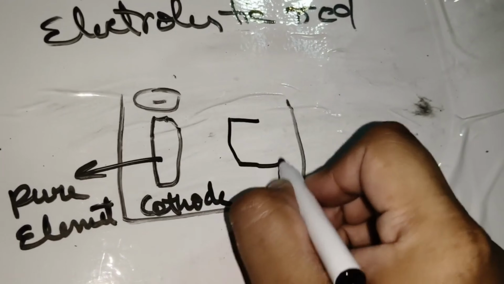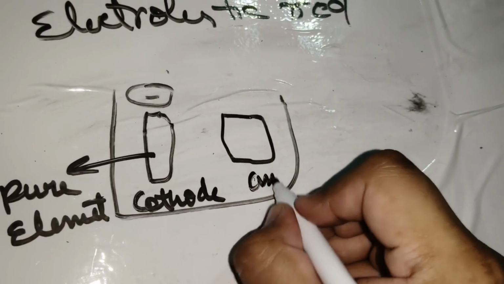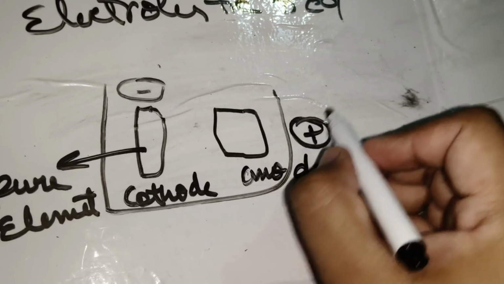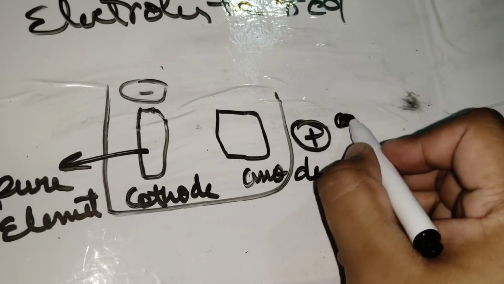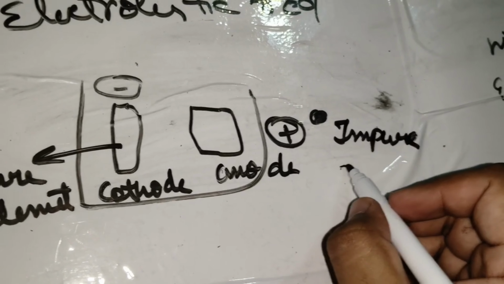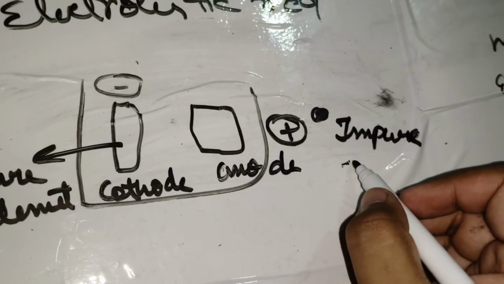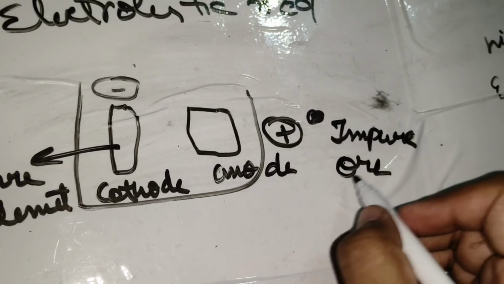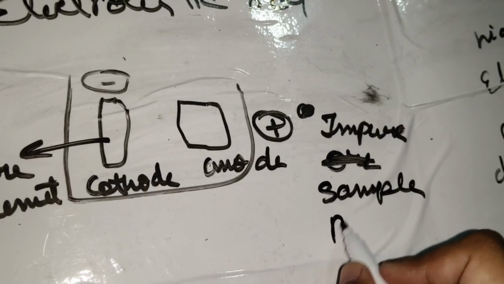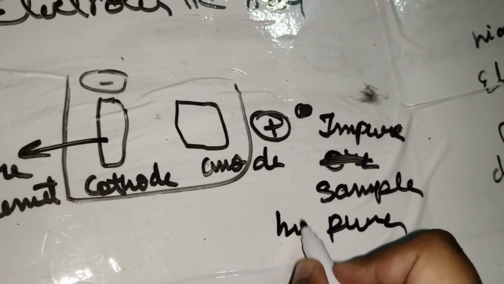And here we take the anode, the positive end. Here is the impure element, or the ore that contains the pure element, or the impure sample that contains the pure substance in it.